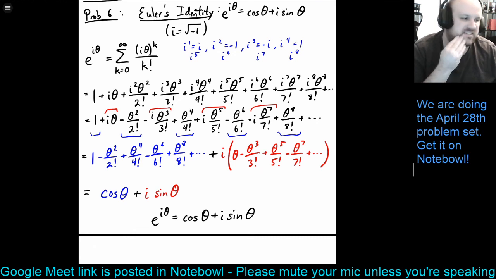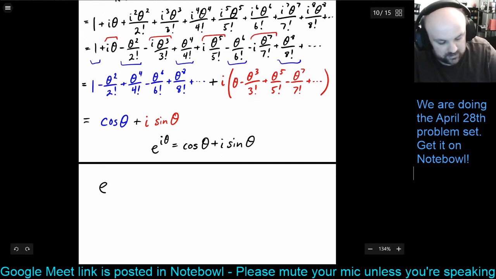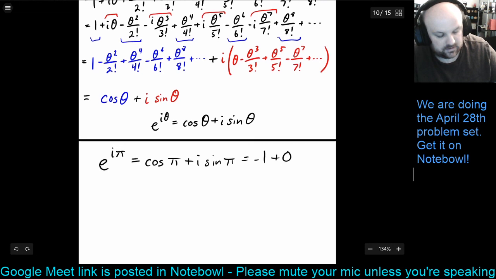And just as a way to sum this up, let's plug in theta equals pi. This gives you cosine of pi plus i sine of pi, which is just -1 plus 0.